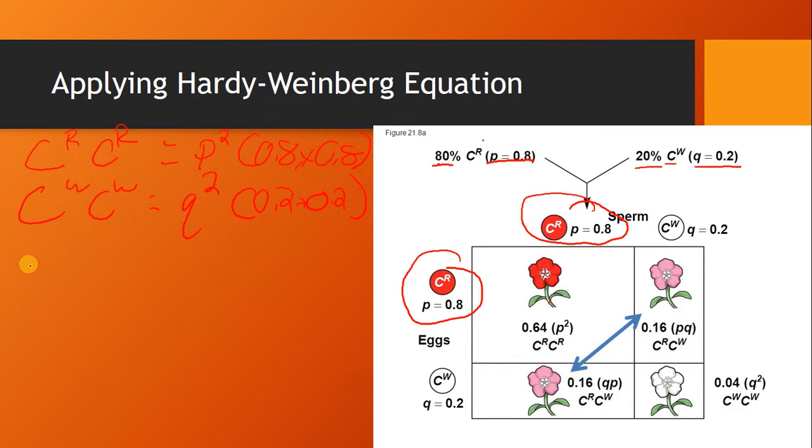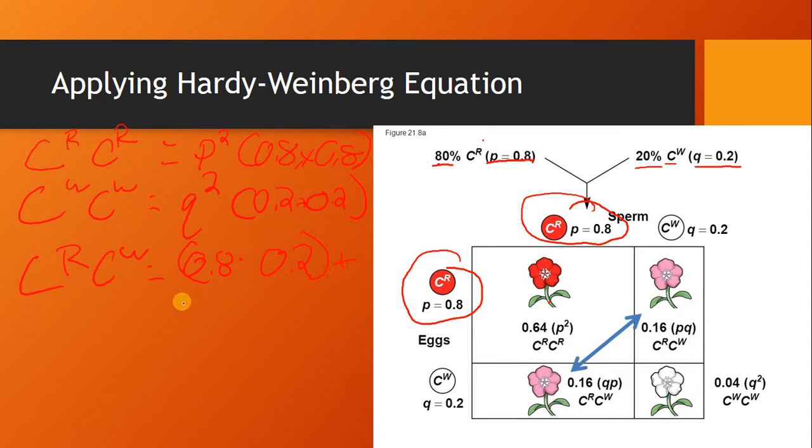What about my CRCW? Well, my sperm could have a CR, which is 0.8, and my egg cell could have a white allele, times 0.2.